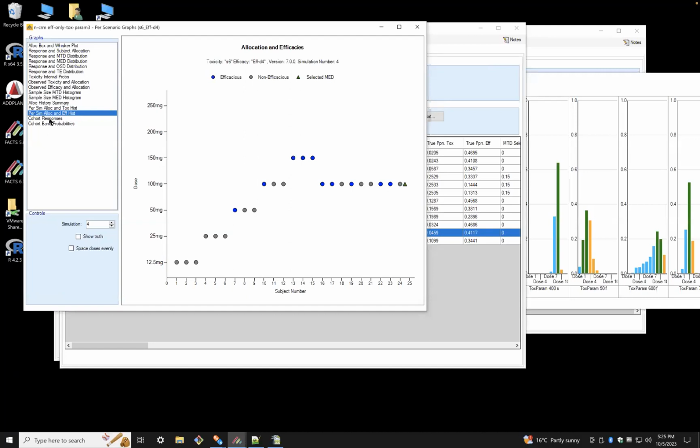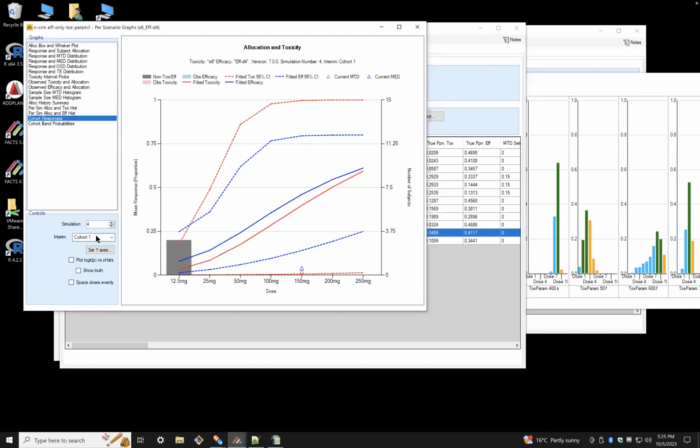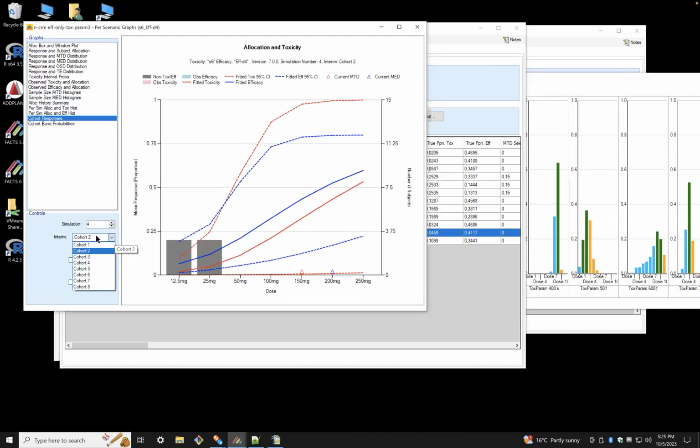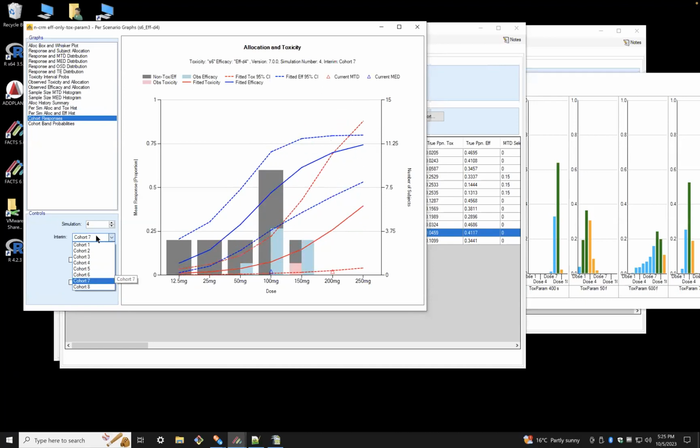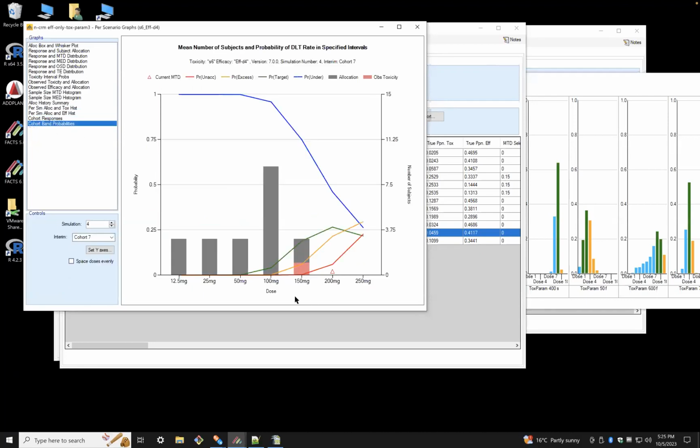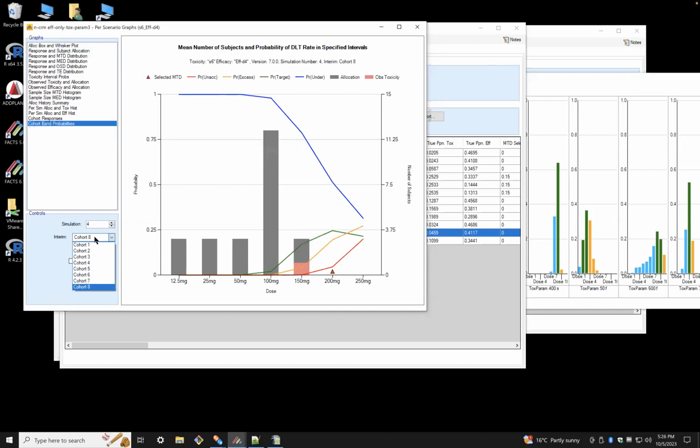We can also look at graphs that show what the actual model is doing in a scenario, and also look at the estimated probability of being below, within, above, or in unacceptable toxicity as the simulation plays out.